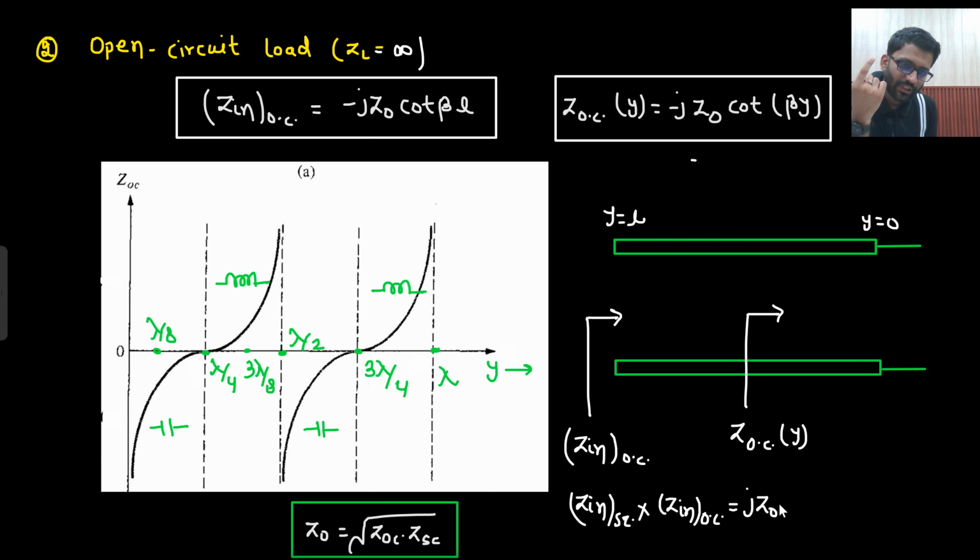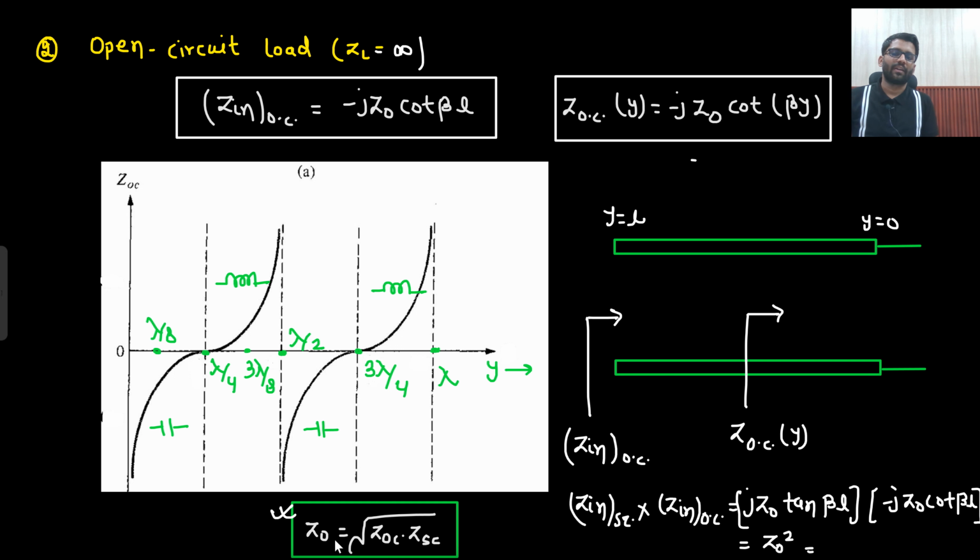Short circuit was j Z naught tan beta L, and open circuit is minus j Z naught cot beta L. If you multiply both of them, j into minus j will be plus 1, Z naught into Z naught is Z naught square, tan beta L cot beta L will be 1. So what you are getting is equal to Z naught square. So from here this formula we are getting.